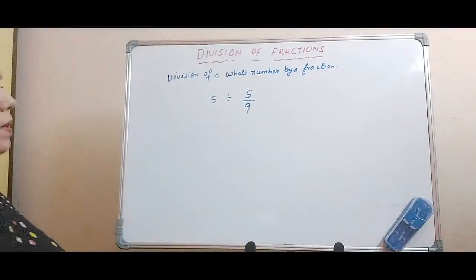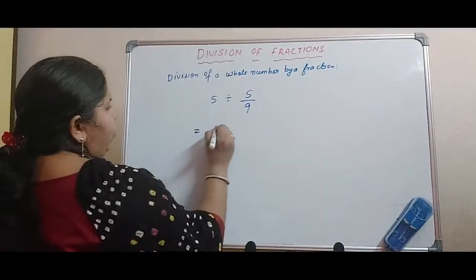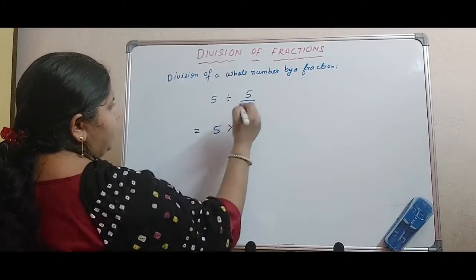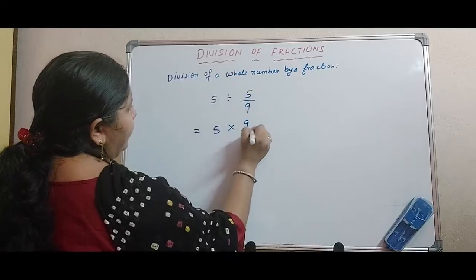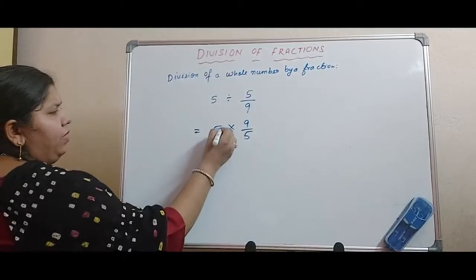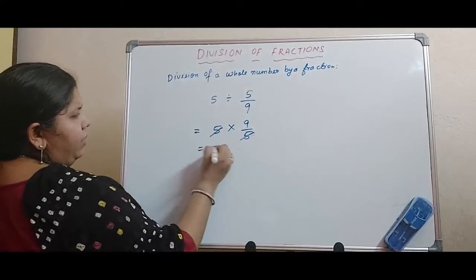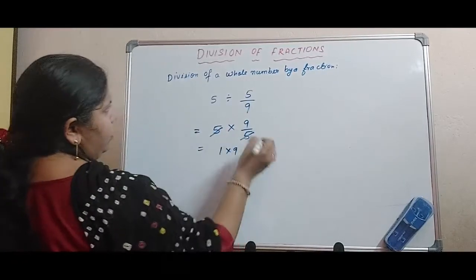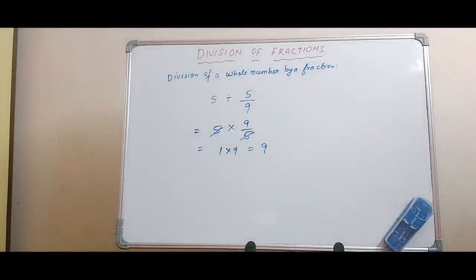So what does this mean? That is equal to 5, and division will change to multiplication and the reciprocal of 5 by 9 is 9 by 5. Now you can see that 5 and 5 can get cut. So what is remaining? That is 1 into 9 equal to 9. So this is the answer, that is division of a whole number by a fraction.